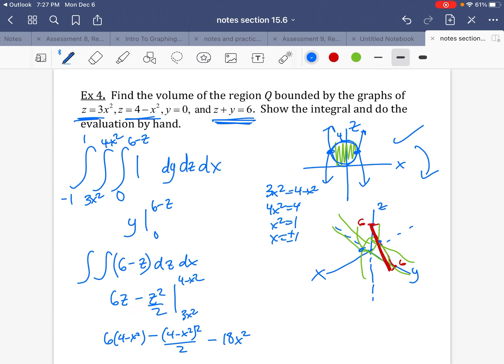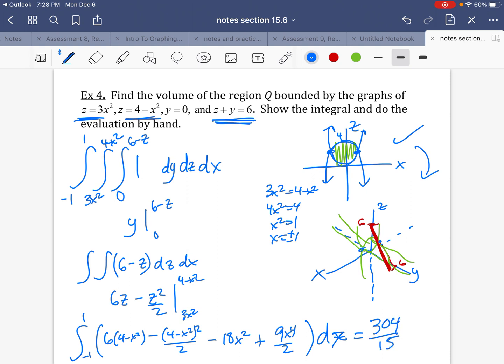And I'm still subtracting, but I have another minus right here, so that'll be a plus. Then I have 3x squared, so it'll be 9x to the 4th over 2. All right, and I am still going to have to do my integral of this from -1 to 1, but it's a polynomial, so use your calculator, go ahead and put this in and I'll check it later. This is supposed to be, what, dx?